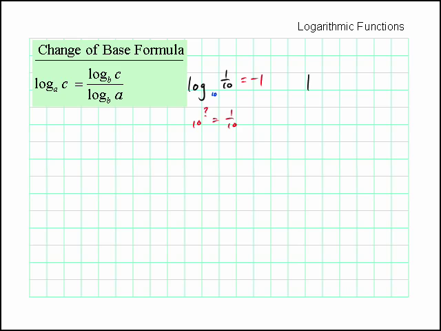Now, the other type of logarithm that we have on our calculator besides a common log, which is base 10, is what's called a natural log. And that is the button LN, standing for natural log.